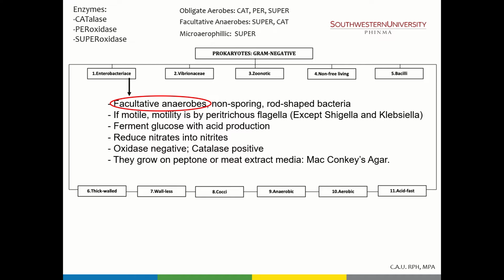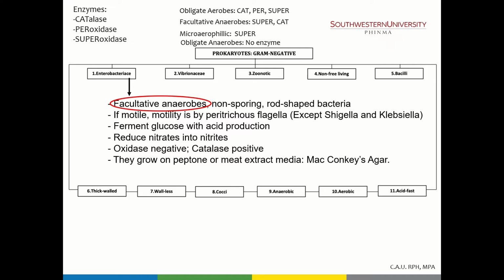The number of enzymes for microaerophilic is only one, so they can only tolerate a little oxygen because they only have one enzyme to break it down. Lastly, we also have bacteria which cannot live with the presence of oxygen. They are obligate anaerobes. Obligate anaerobes have no enzyme to help them live in a condition that has oxygen. Because of this, they can die in the presence of oxygen.